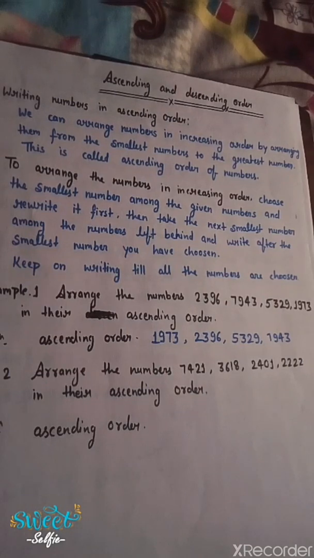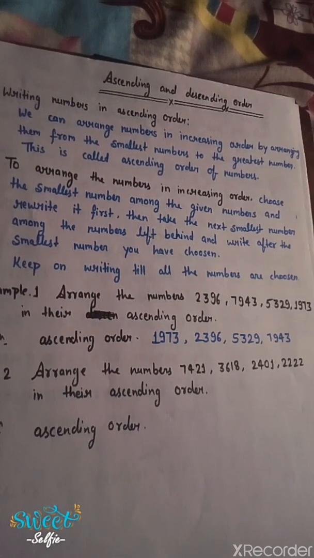छोटे से बड़ा. Firstly we will write the smallest number, after that greater than this number. Firstly we will write the smallest number, after that the second smallest number, after that the third smallest number. Like this we will write smallest to greatest number. Okay.